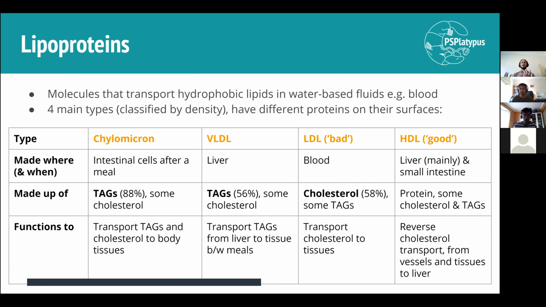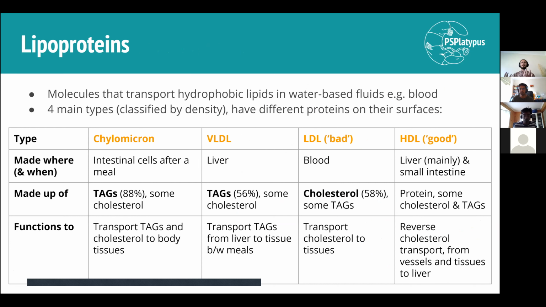Lipids will dissolve in lipids. And hydrophilic substances like water will dissolve in other hydrophilic substances. For instance, ions, which are charged, will dissolve nicely in a hydrophilic substance because water is also charged. And so what lipoproteins do is they transport lipids, which are hydrophobic, in water-based fluids, for instance, blood.